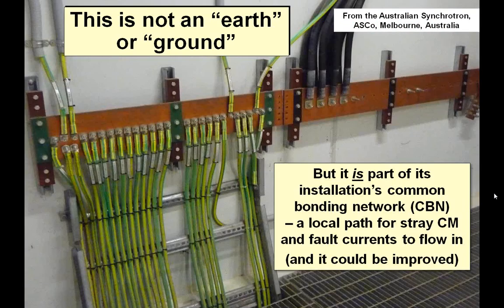Here's a very heavy-duty earthing or grounding structure in a large factory, a large facility, but it's not actually any kind of sink for the currents that are flowing around there. It is part of what we call the installation's common bonding network, local paths for stray, common mode and fault currents to flow in.